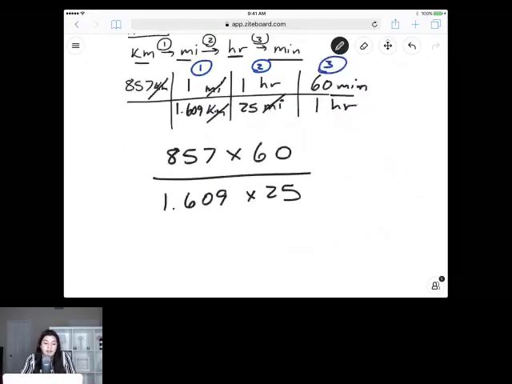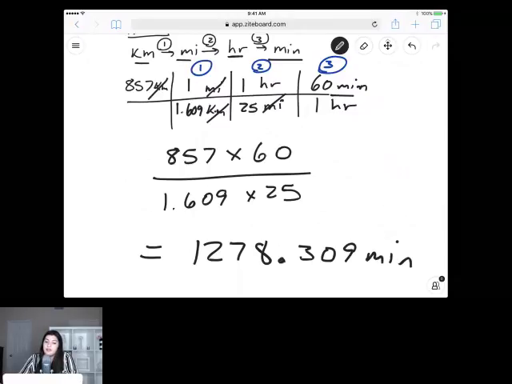So let's multiply these out. 857 times 60 divided by 1.609 times 25. And let's see what we get. All right, we end up getting 1,278.309 minutes.